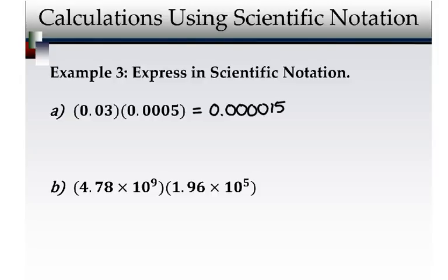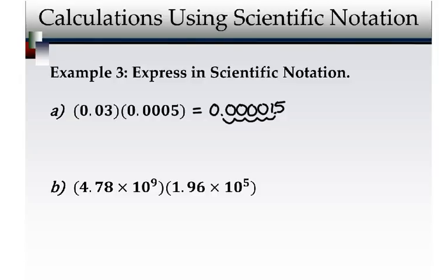So here we go. That's these two numbers multiplied together. And now we're going to change this decimal to scientific notation. And so move this decimal over 1, 2, 3, 4, 5 places.